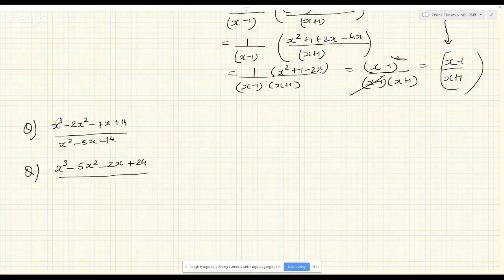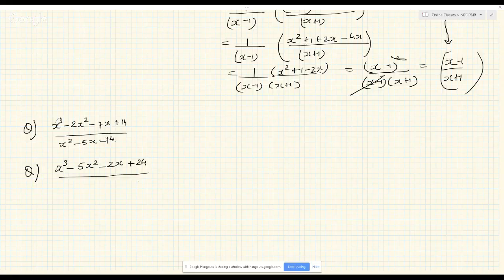So it will be x cube minus 8x square plus 19x minus 12.